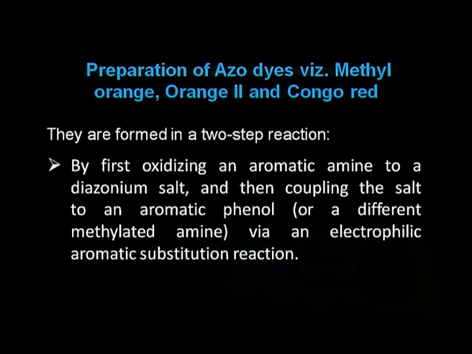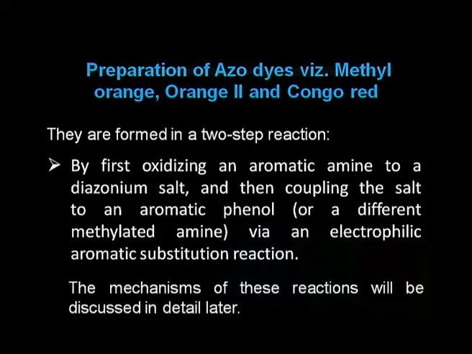The first step includes the oxidation of aromatic amines to diazonium salt, and in the second step a coupling reaction is done, and the diazotized salt is coupled with either aromatic phenols or with different methylated amines via an electrophilic aromatic substitution reaction. The mechanism of these reactions we will discuss in forthcoming slides.